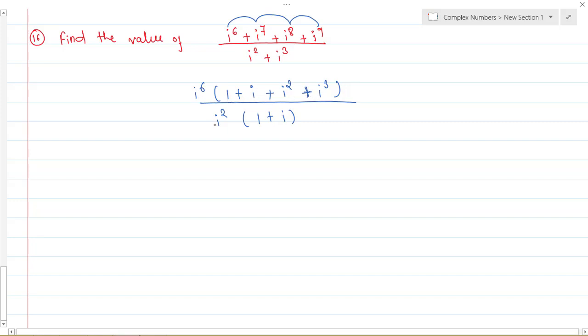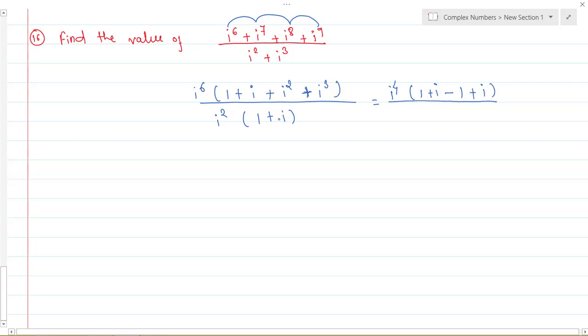And you know the values of this. i to the power 6 upon i to the power 2 means what? It is i to the power 4. Okay, and here it is 1, plus i, let's keep this i as it is, plus i square, which is minus 1, and i cube, which is minus i.